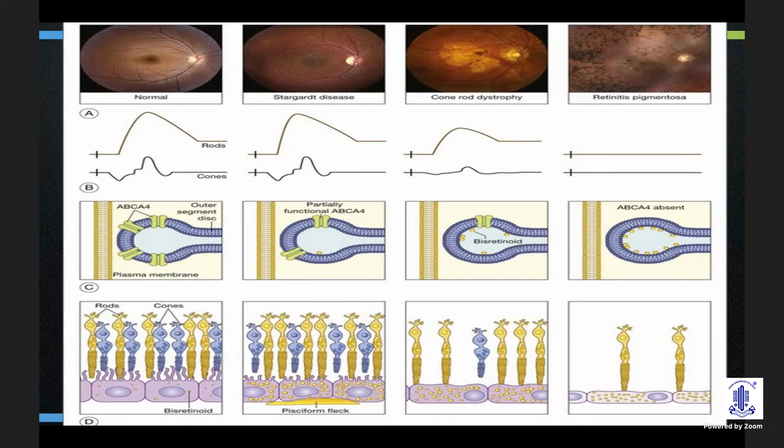It's the same gene, but depending on the severity, the phenotype, which means what we see clinically, the clinical pictures could be different. For example, if the patient comes in this stage, I may falsely label that patient as retinitis pigmentosa. So it's very important we get genetic testing done so that we can counsel the patient properly.